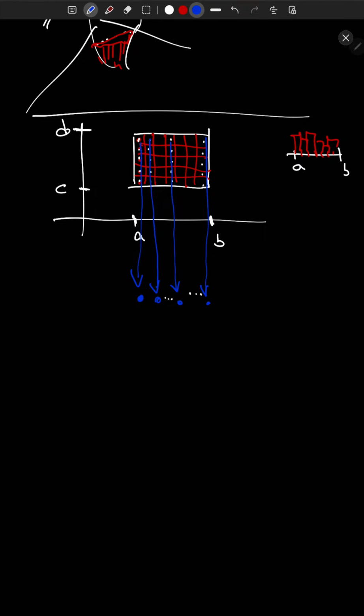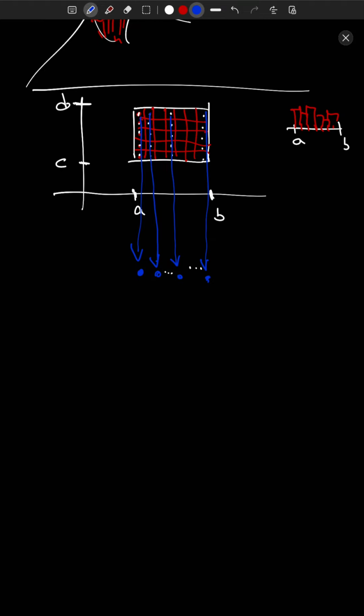Like that. All right. So each of these blue dots represents the volume of a very thin strip of the rectangular box. Okay. But we want the entire volume underneath the graph, right?